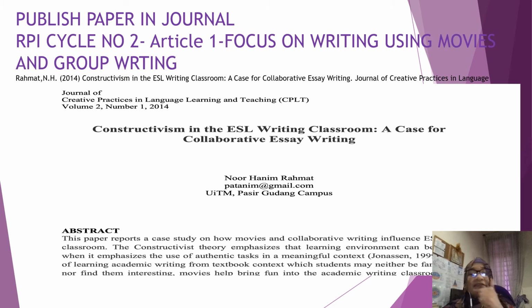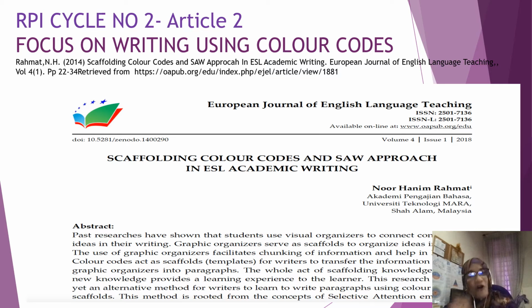So I did a research write-up, and I even published it. Then after that, that same research, that same creative way of writing, I moved on ahead to another journal article. I realized that apart from using the movies, it is very difficult to teach them how to write the main idea, the supporting details, the thesis statement, and then topic sentences.